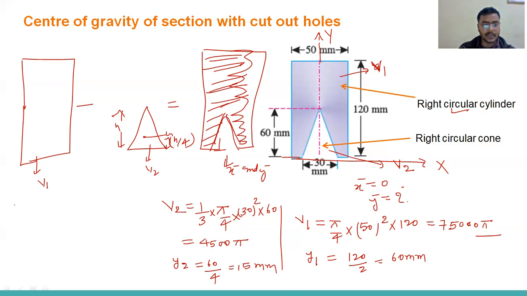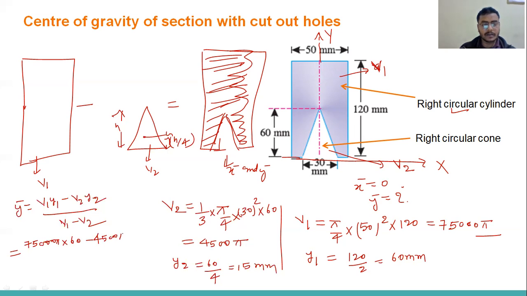So we can calculate Y bar, that is V1 Y1 minus V2 Y2 divided by V1 minus V2. Just put the values: V1 is 75,000 pi into Y1, 60, minus V2, 4500 pi into Y2, that is 15, divided by 75,000 pi minus 4500 pi.